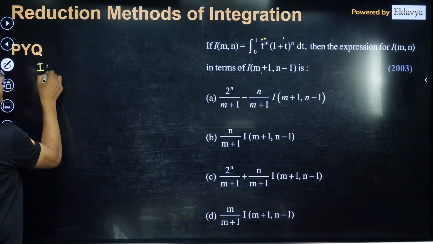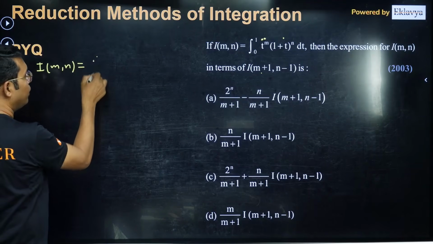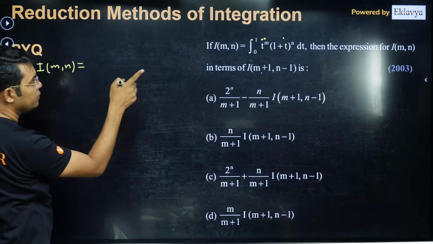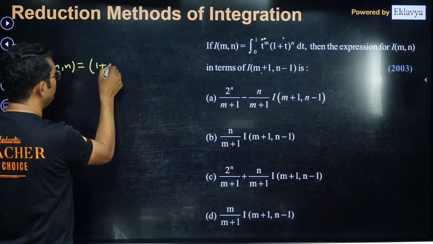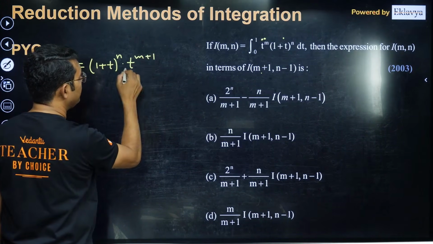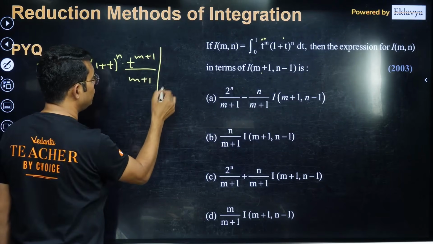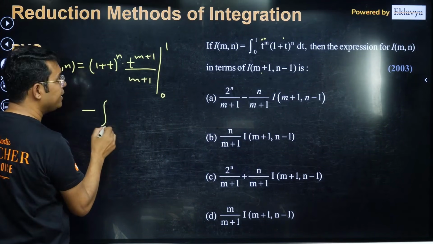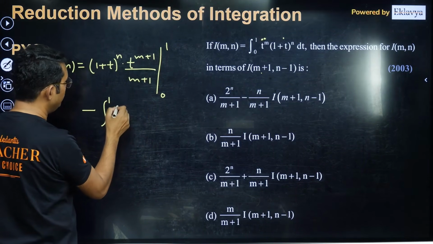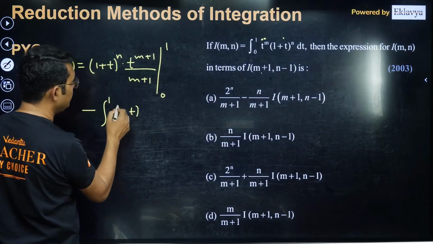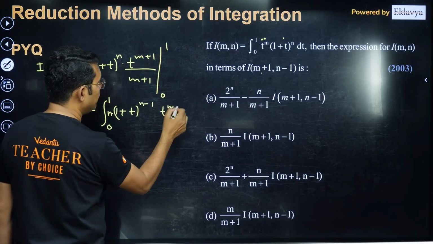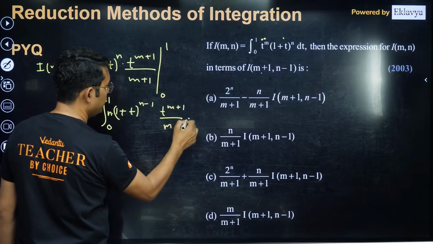So I m comma n will be equal to, sorry, the first function as it is, 1 plus t raised to the power n. Second function integration is t raised to the power m plus 1 upon m plus 1, and here we will be putting 0 to 1, minus integral 0 to 1, 1 plus t raised to the power n minus 1 into n differentiation, and this t raised to the power m plus 1 upon m plus 1 into dx.